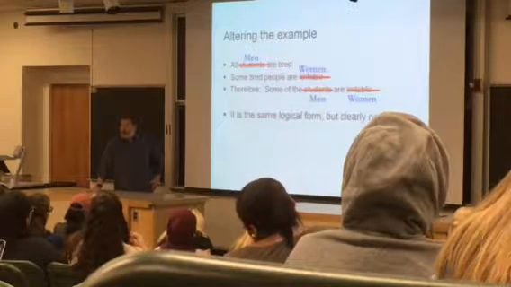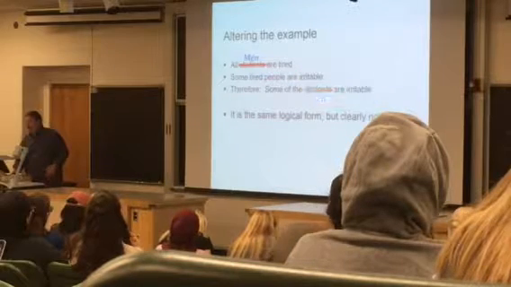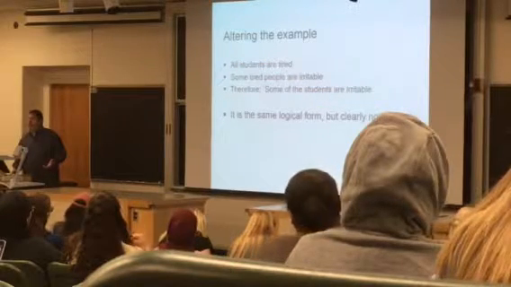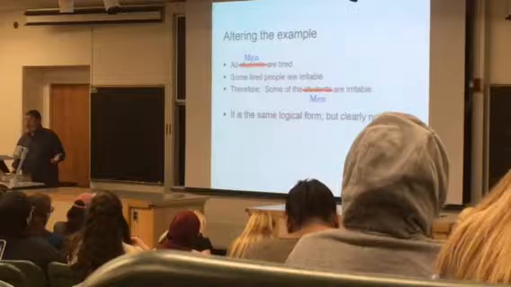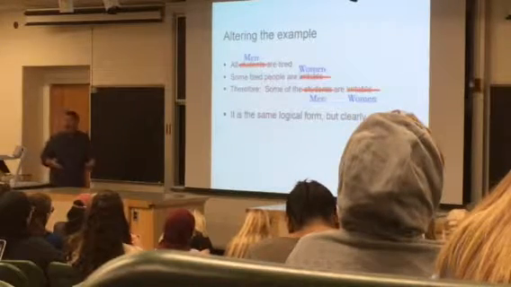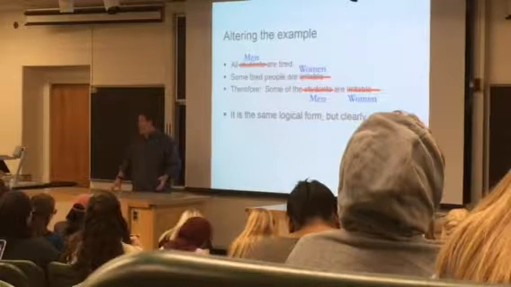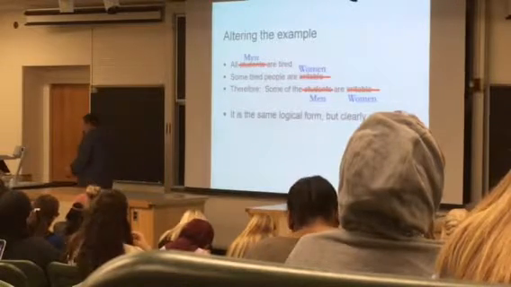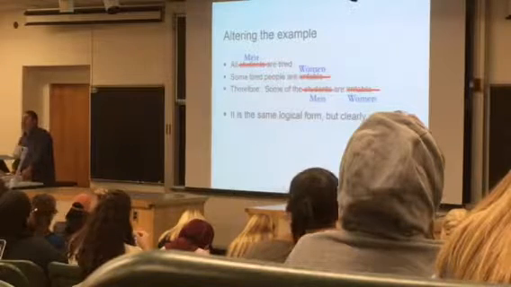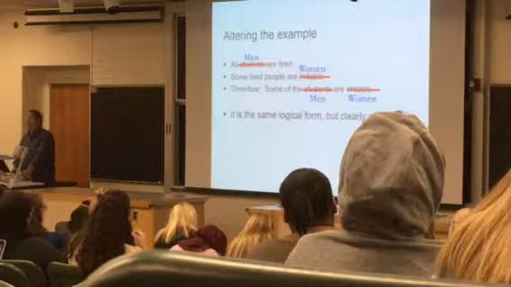That doesn't work, right? But it's exactly the same logical form as this, right? I should be able to substitute any nouns I want for those, and it should still hold if it's a logical system.